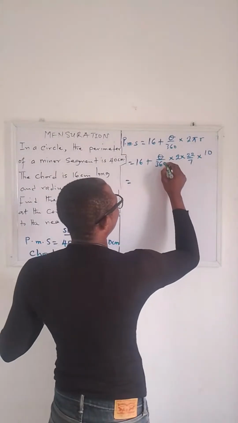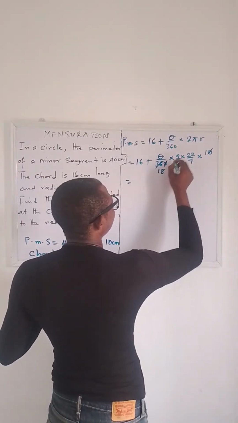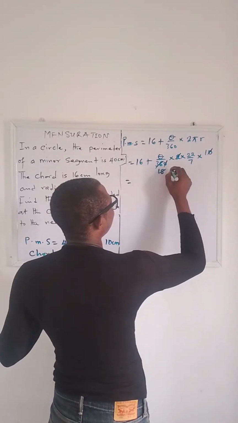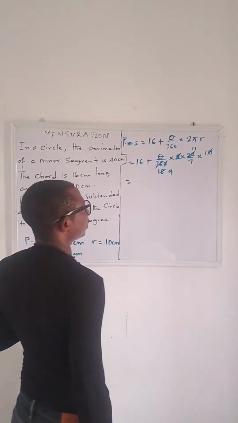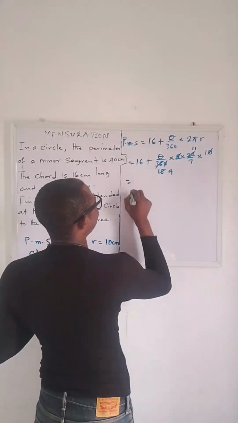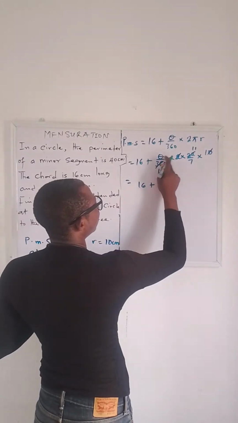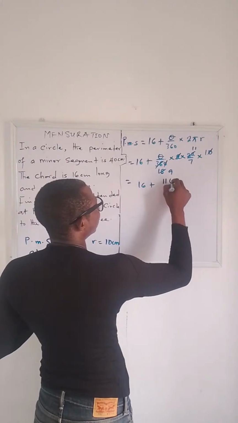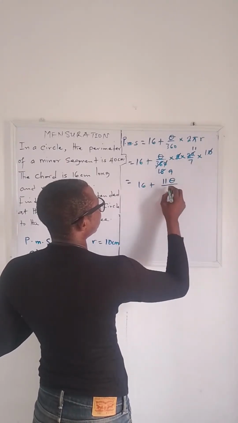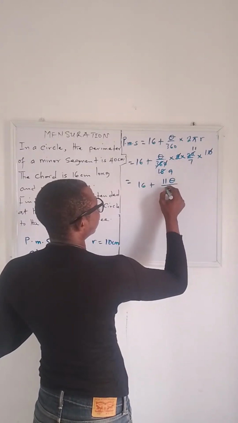We have, now this cancels this, 2 goes there 18, 2 goes there 9. Okay, we have this to be 11. All right, so we now have 16 plus theta times 11. Okay, so we have 11 theta over what? Over 63.